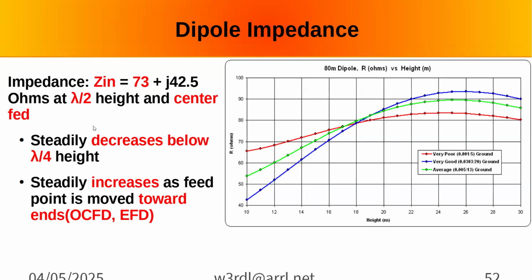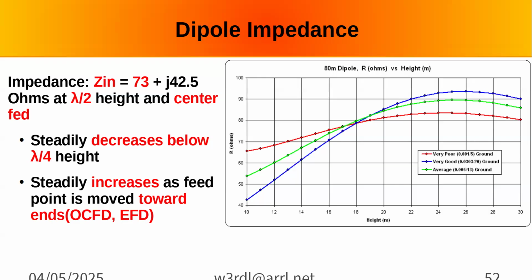Basically, you can see that the resistance goes down, depending on height. And you can't tell from this chart, but as you move towards the end, as opposed to being center fed, the resistance increases.